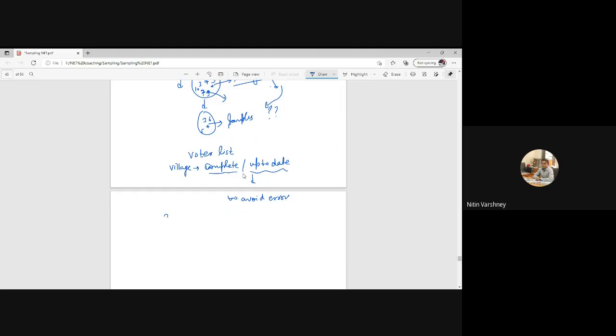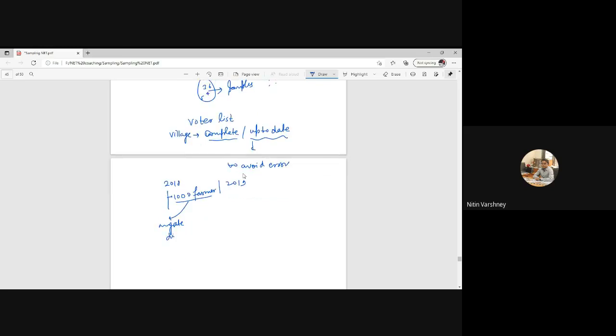Like suppose in 2018 there is one election, and in 2019 there is also one election, and there are 1,000 voters in one particular village in 2018. So this is the list of 2018. But after the election, some may migrate, some may die, and some new voters may be there.